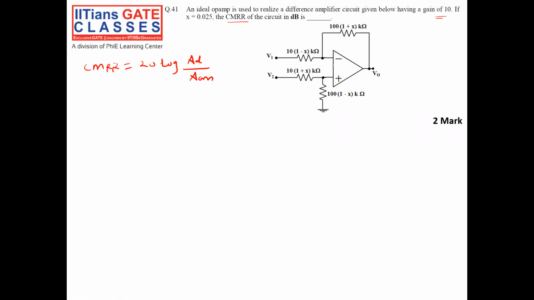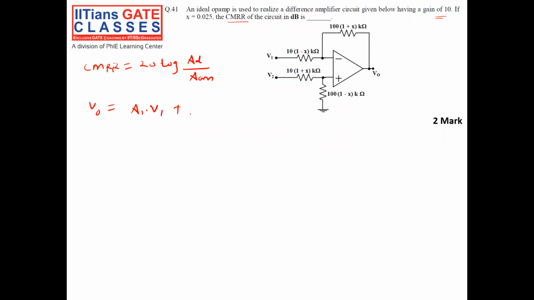Since V1 and V2 are there, the output V0 is equal to the output due to V1 plus the output due to V2. So I can say when V1 is there, the gain is A1, so A1 into V1 is the output voltage when only input voltage V1 is there and V2 is 0, right?